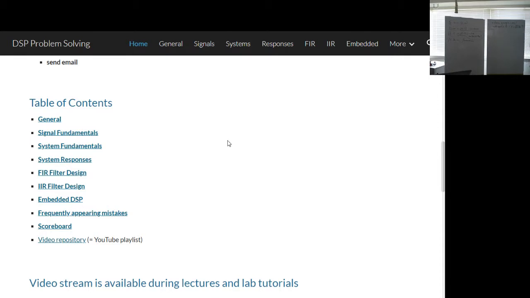Okay, the table of contents is about the same as before. It seems like a lot of things, but not seriously. Actually, we will be doing only the first 5 chapters: signal fundamentals, system fundamentals, system responses, FIR filter design, and IIR filter design. So only those 5 chapters, unless you want 5 credits.